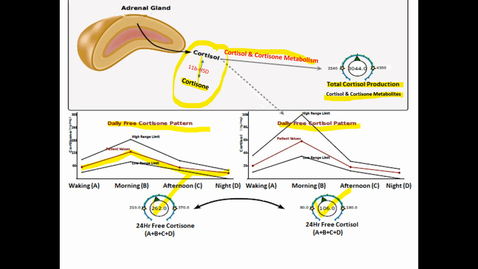So in a situation like this, where we've got fairly normal free cortisol, then we also can look at the cortisol production, and if it's in the middle of that normal range, then at least the implication would be that you have fairly normal cortisol and cortisone clearance or metabolism.